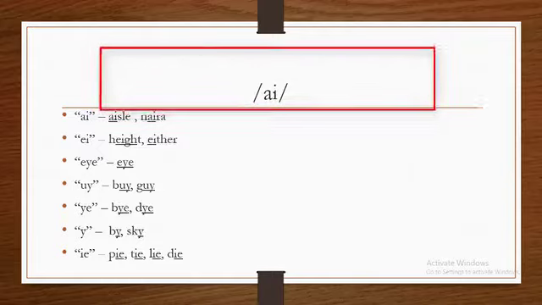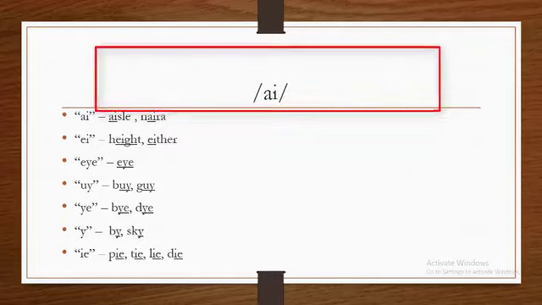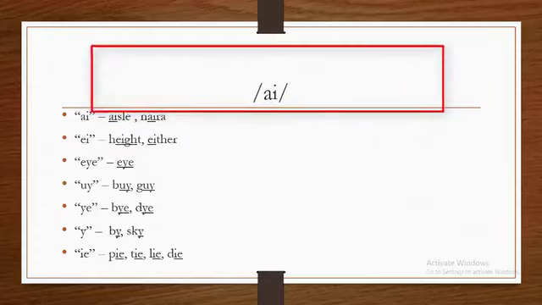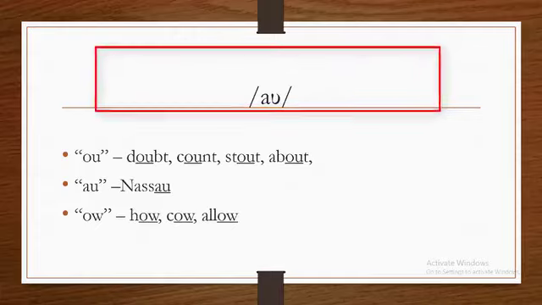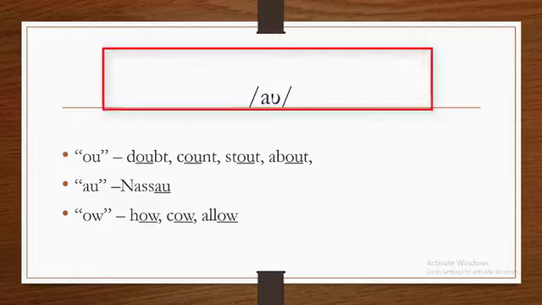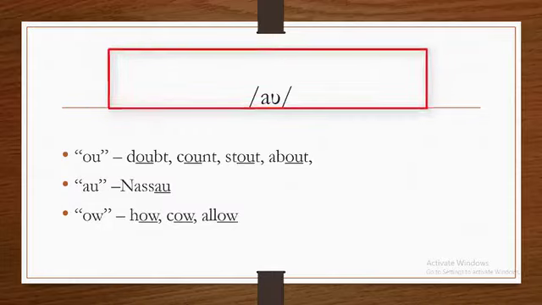Okay, we have I: height, either, I, by, sky, pie. We have ow: doubt, count, stout, about, how, cow.